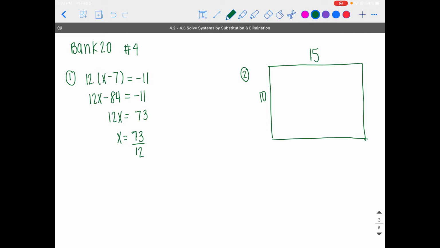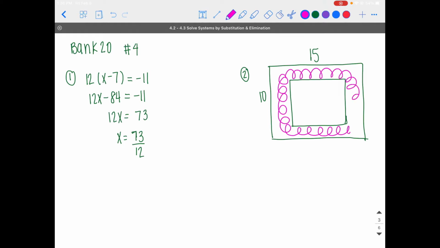And she's going to have flowers along the inside. They're going to make a border around her vegetables, and it tells us that this border is 1 foot wide.